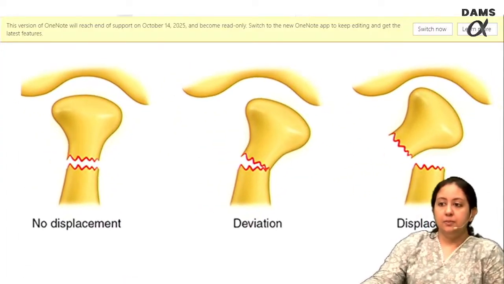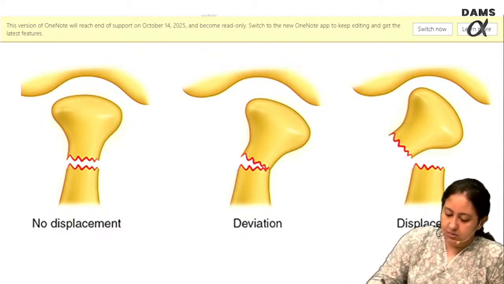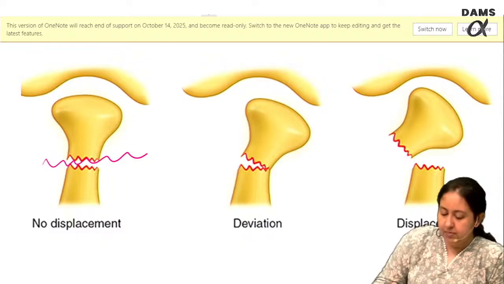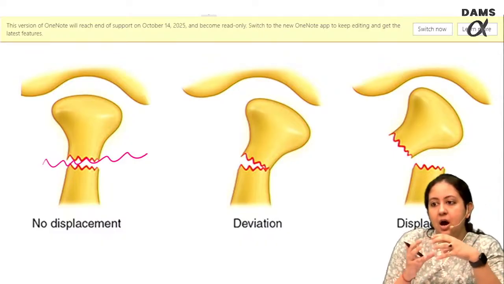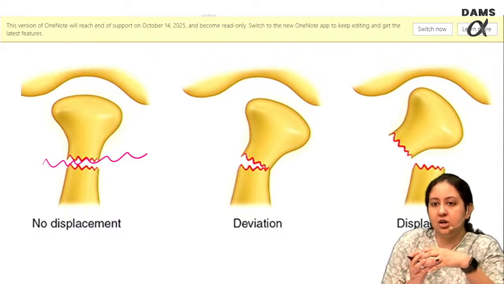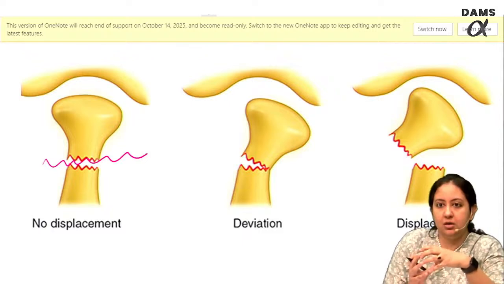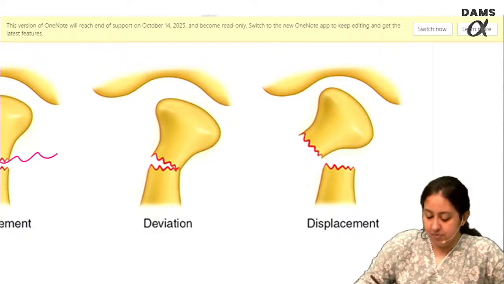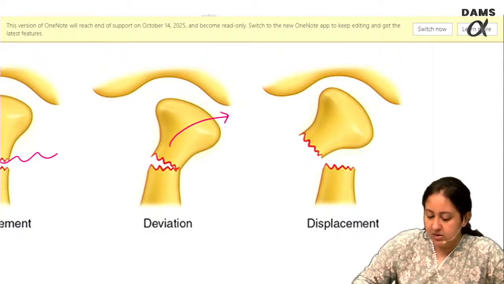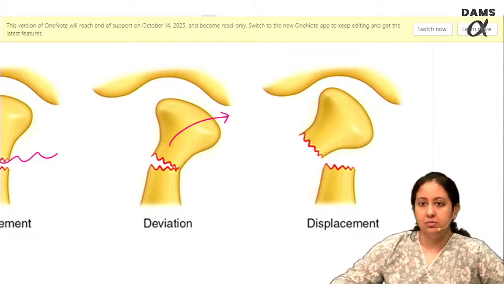Let us see here. No displacement. That means there is a fracture line, but anatomically the condyle and the ramal stump are associated with each other in a correct anatomic form, and there is no movement. So there's just a fracture line but no displacement. Deviation, there is a fracture line, but this has deviated at an angle. So deviation or angular.